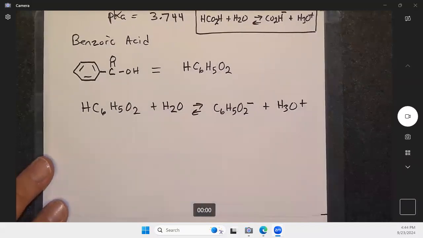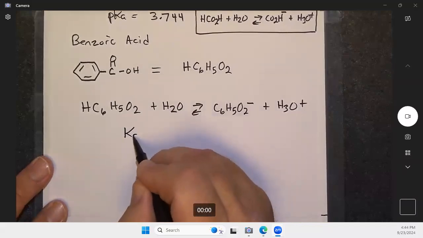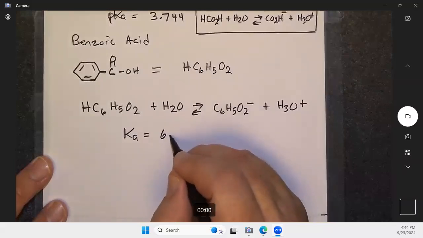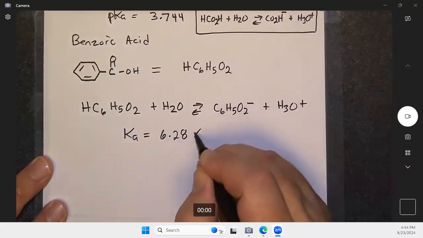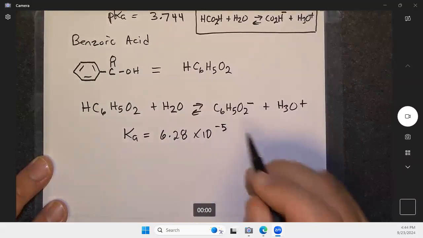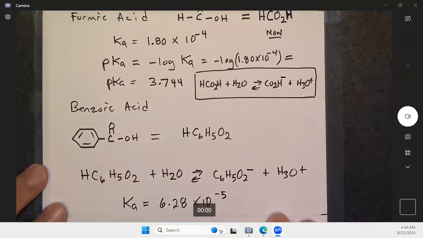Now, to get back on point, the Ka for benzoic acid is 6.28 times 10 to the minus 5. And remember what we said for formic acid, it was 1.8 times 10 to the minus 4 is the Ka value.